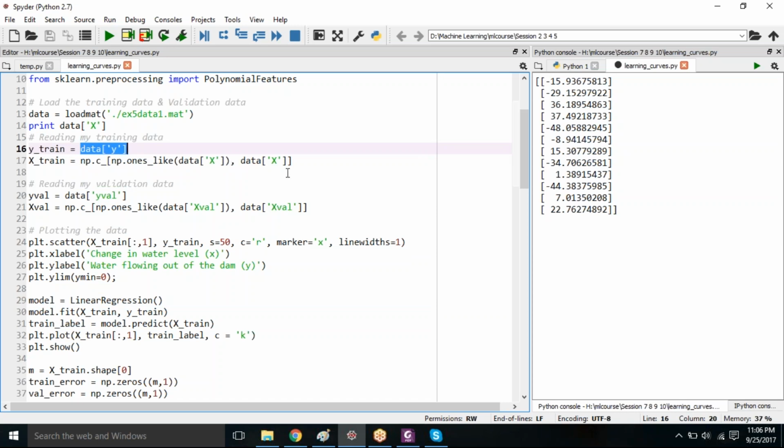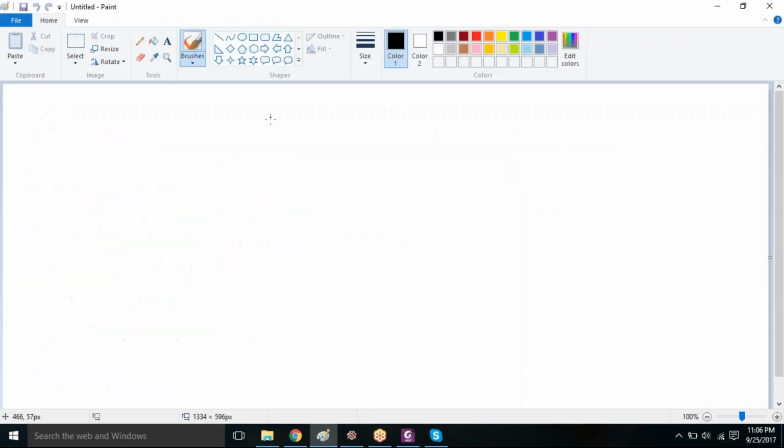In this function, how do you write your hypothesis? Theta naught plus theta 1 into x, isn't it?